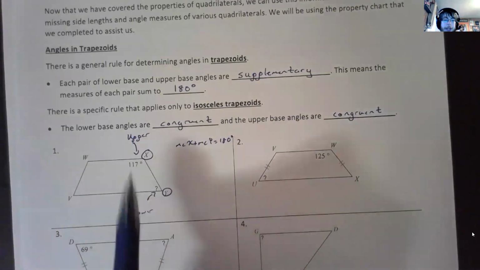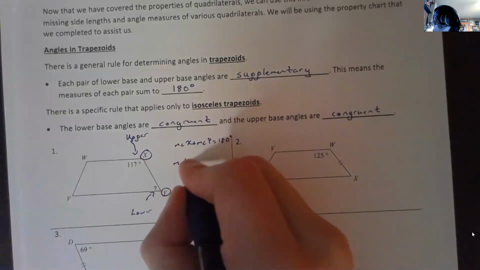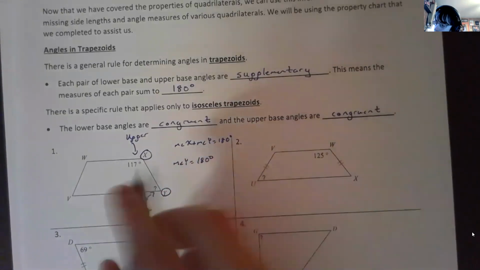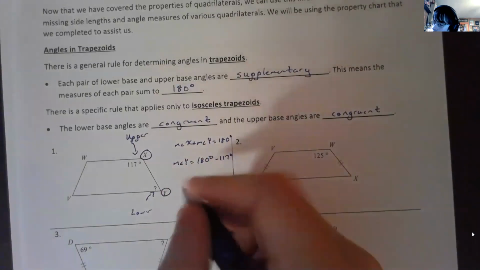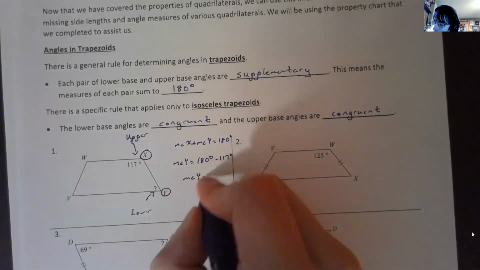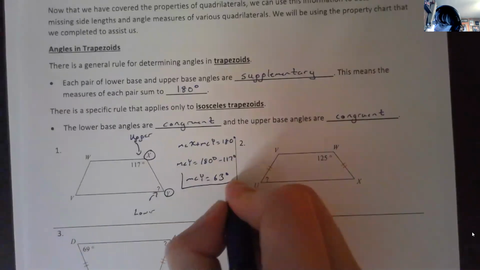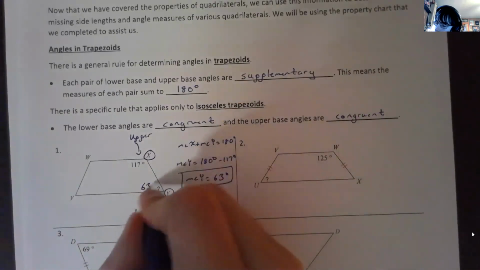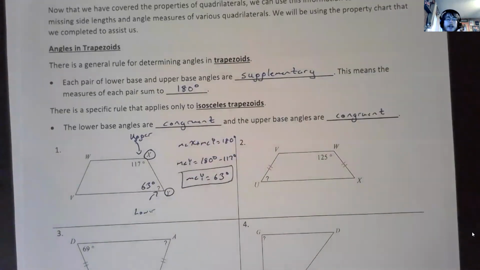We know the measure of angle X and want to find Y, so we take 180 and subtract the measure of angle X, which is 117. The measure of angle Y is equal to 63 degrees. So upper and lower base angles that are connected by the same leg are supplementary.